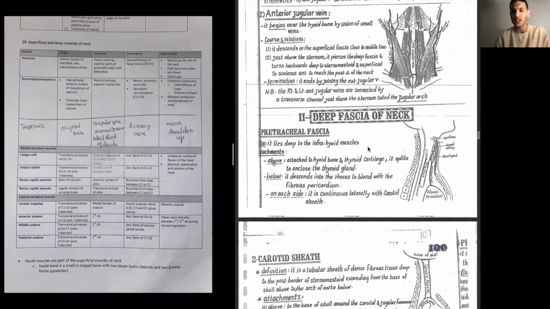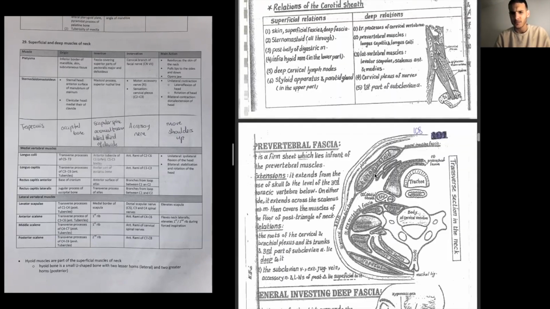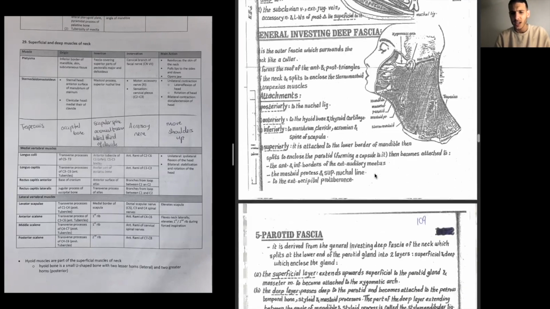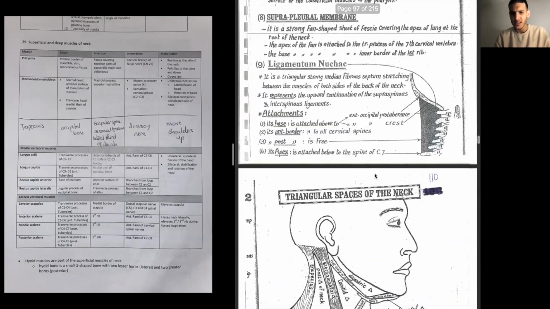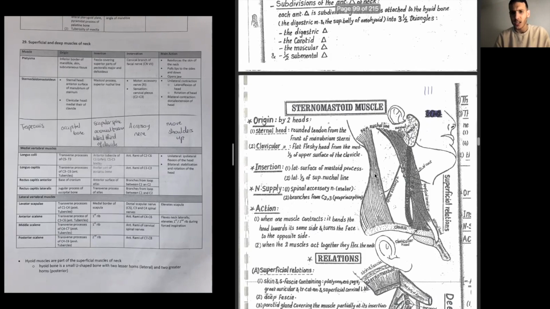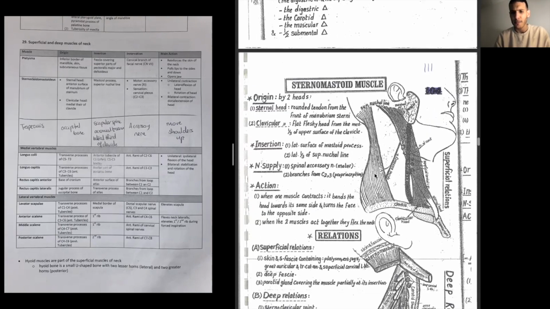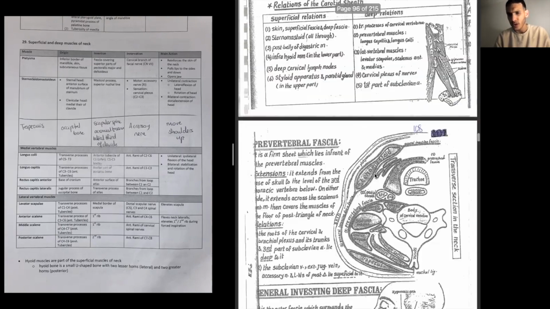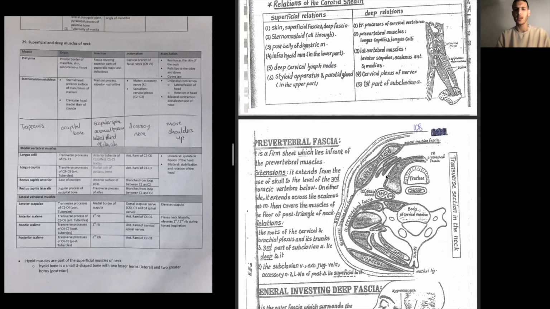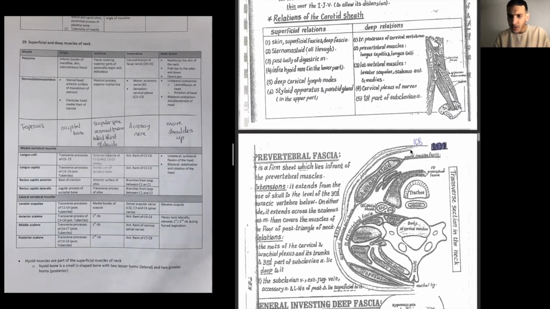Next, we're going to discuss the sternocleidomastoid muscle. The sternocleidomastoid muscle is part of the deep investing fascia, which is right here. Just to show you an idea where the deep investing fascia is and where the superficial fascia is. The superficial fascia is the most superficial fascia.